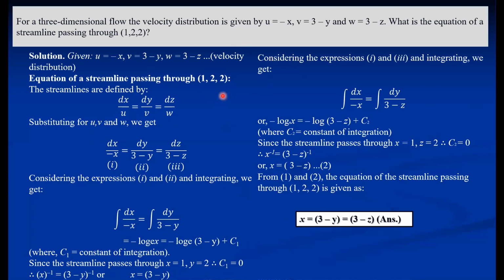From the given velocity field, we put the velocity components in the equation of streamline and then integrate. If it is 3D flow, we equate the x component with the y, and then the x component with the z, and develop a relation. This way we can develop the equation for streamline.